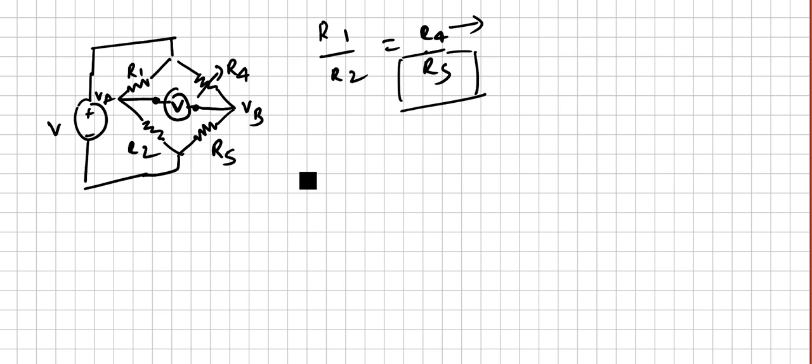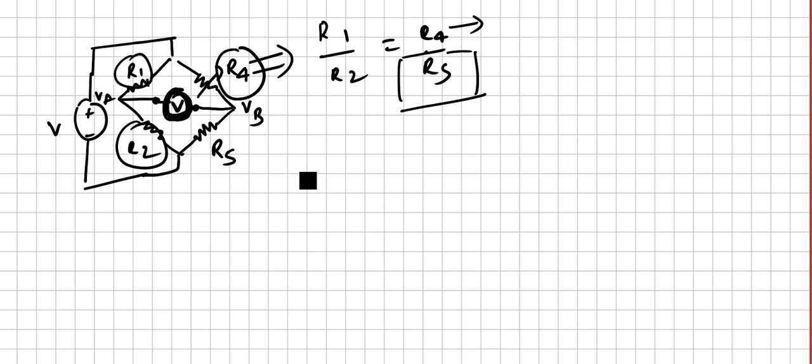The procedure that we follow to measure Rs through the Wheatstone bridge is this: R1 and R2 are fixed resistors. Now we change R4 accordingly till we get a voltage of 0 on the voltmeter.